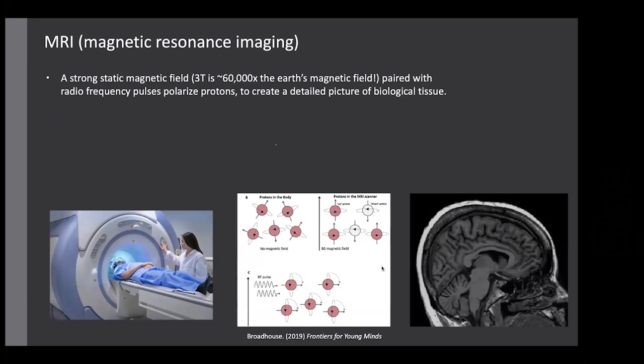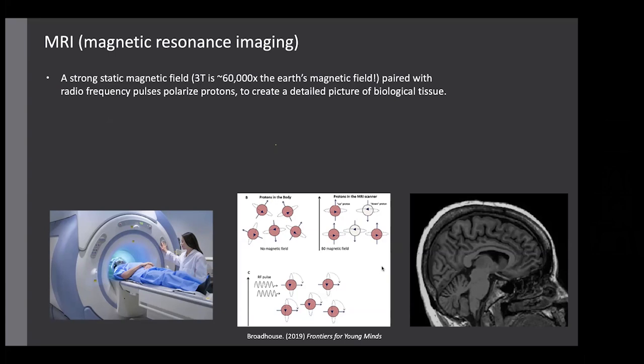So broadly speaking, MRI involves a large machine that's placed in a really strong magnetic field. It's roughly 60,000 times the strength of the Earth's magnetic field. And we pair it with some radio frequency pulses. And these pulses polarize the protons in the water in our body. And when the radio frequency pulses turn off, the protons relax back to their normal state.